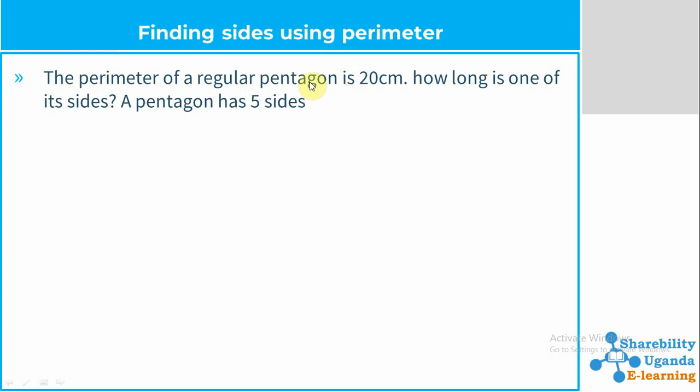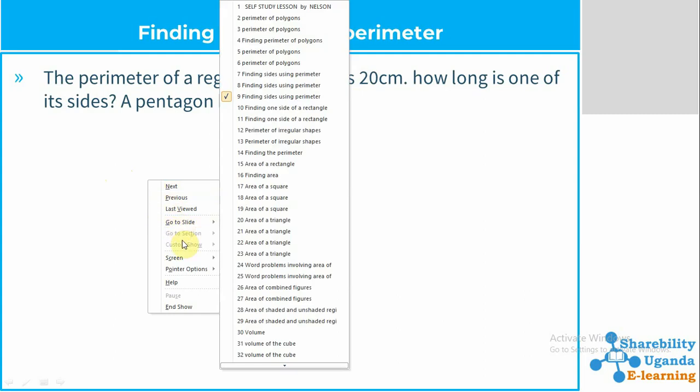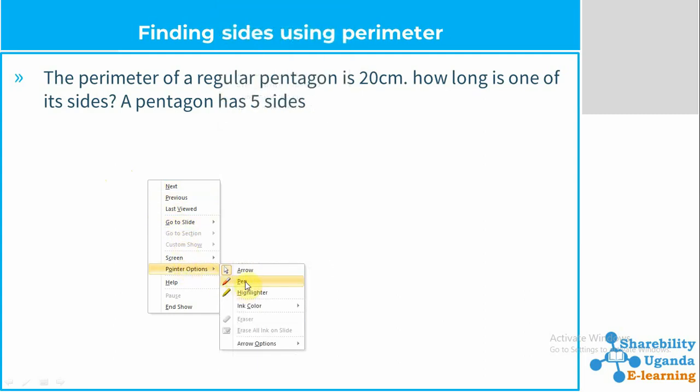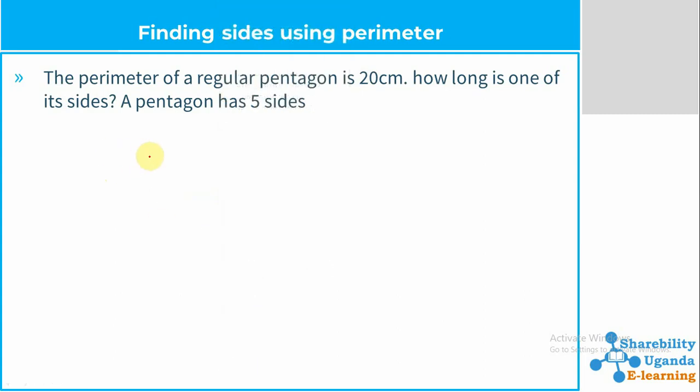So we say the pentagon is a figure with 5 sides. Let's state our solution here.